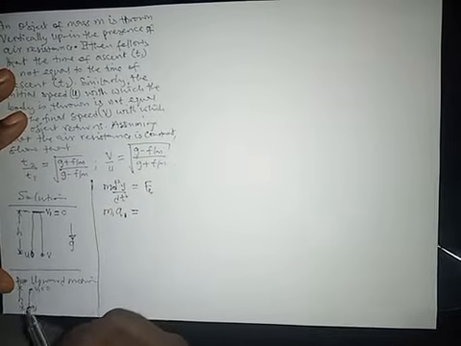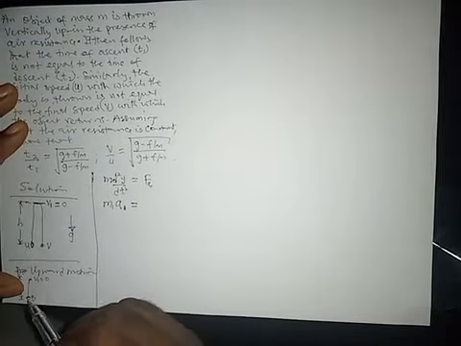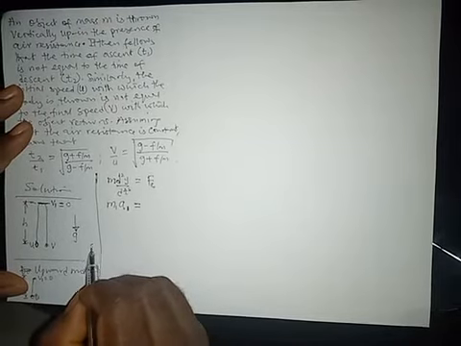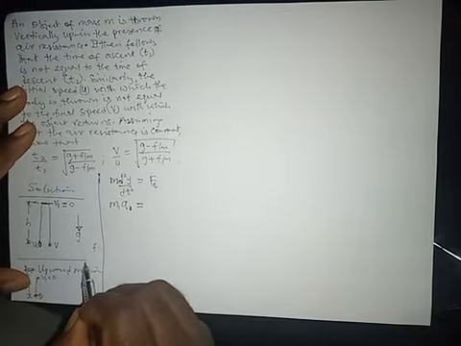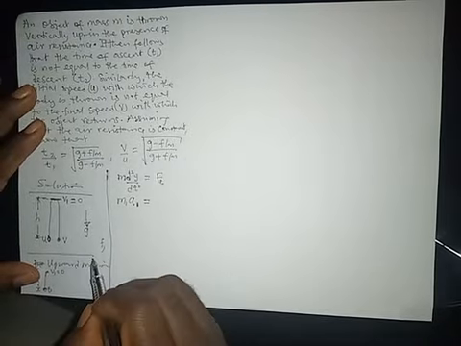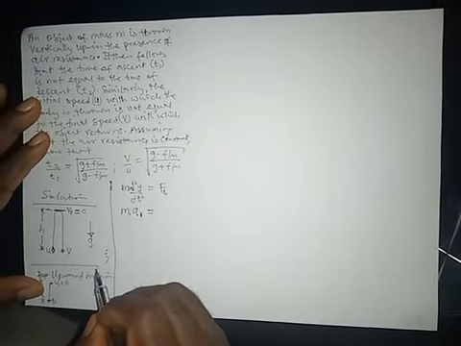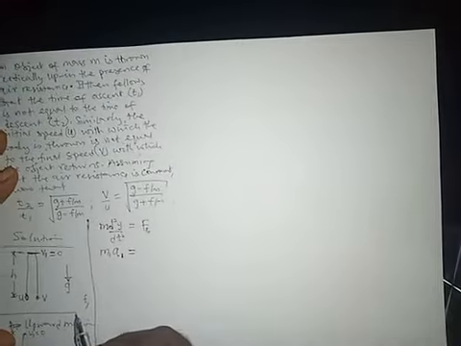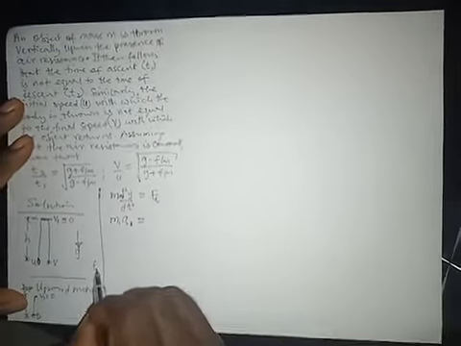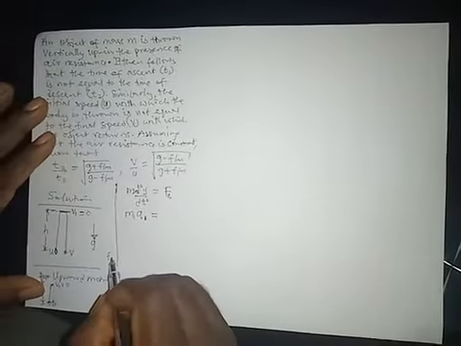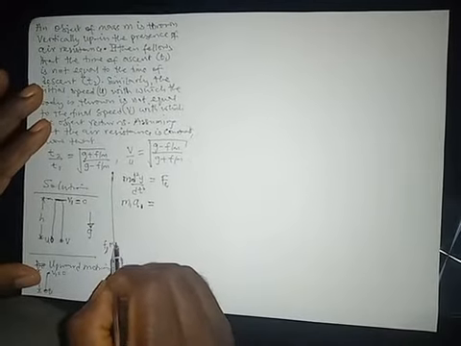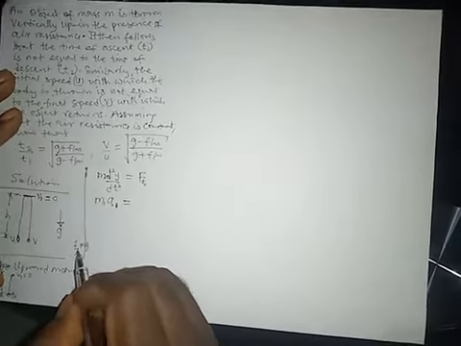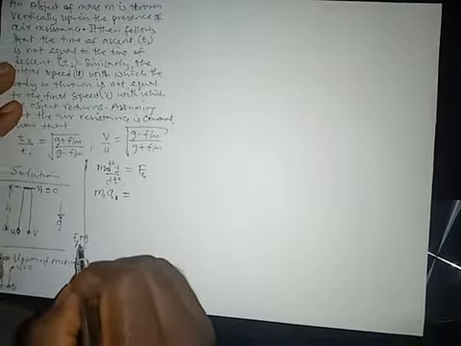The forces acting on it while going up are two. The first one is the air resistance, let that be small letter f. And apart from that, we have the weight of the object, and the weight of the object is m multiplied by g. But in this case, both of them are negative.